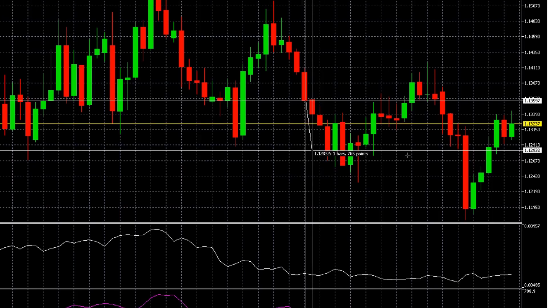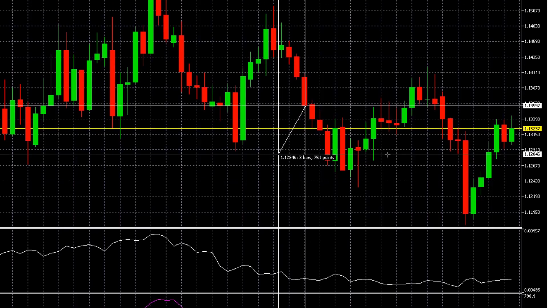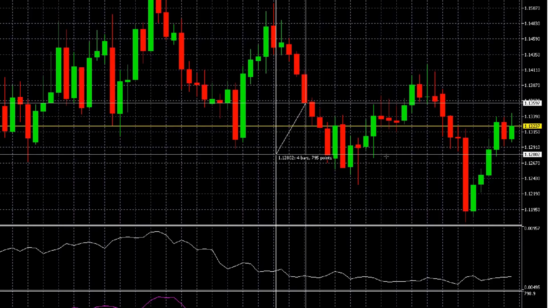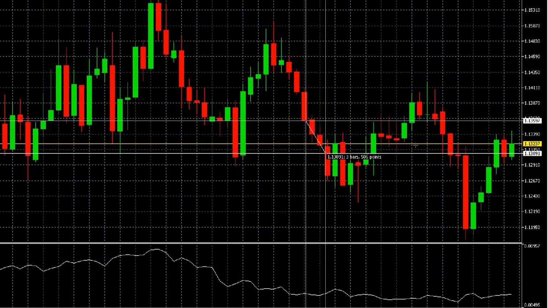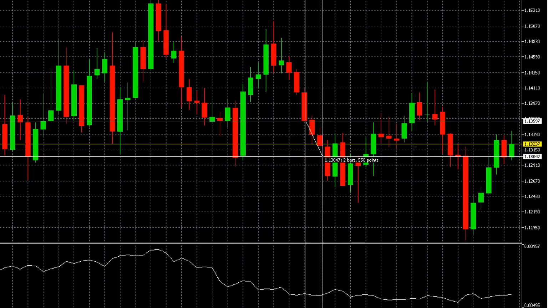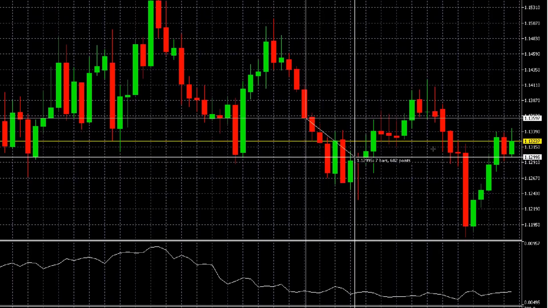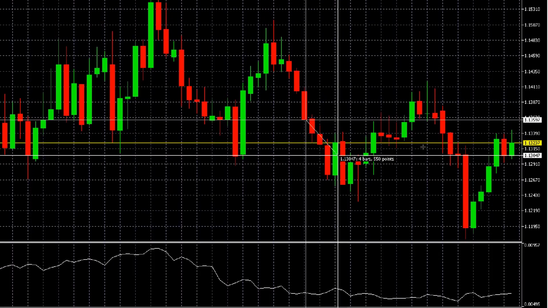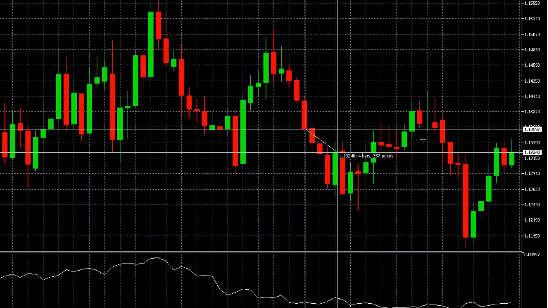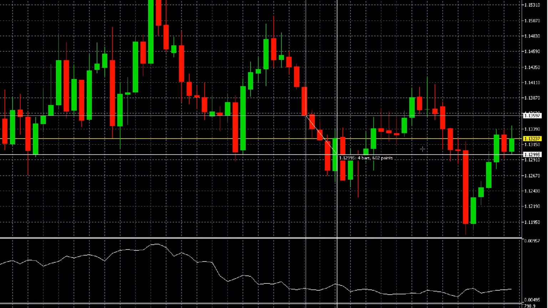The number that we care about is the last number, the one that says points. It doesn't matter where you do it, because we're caring about the points. That's the up and down, the price, the pips, whatever you want to call it. So right now it says 602 points, so that's 60 pips.